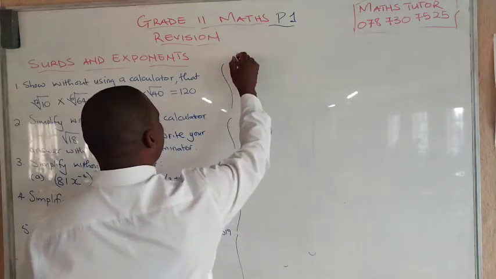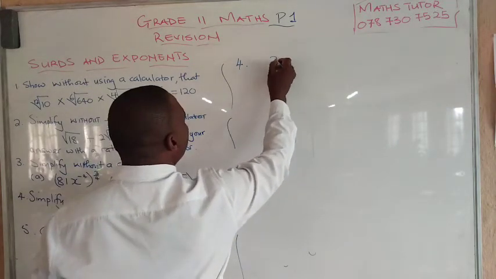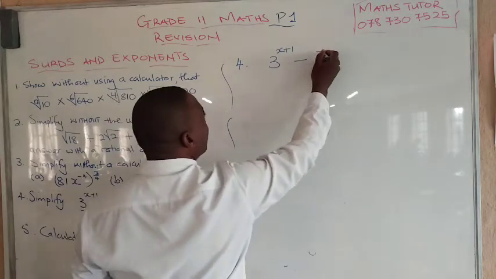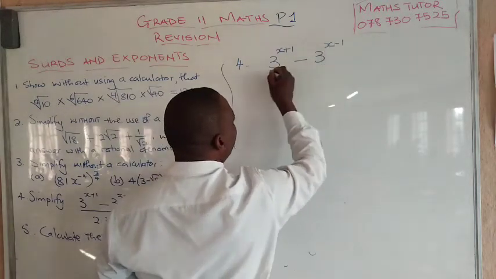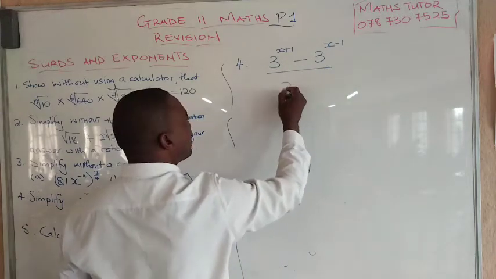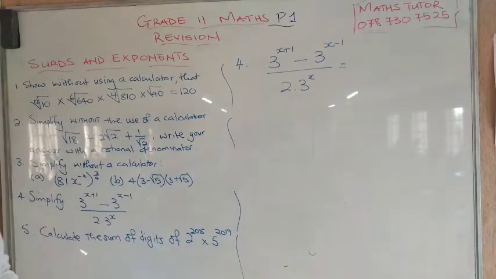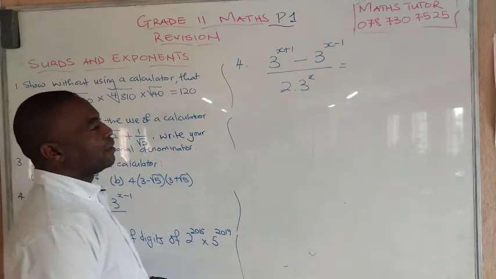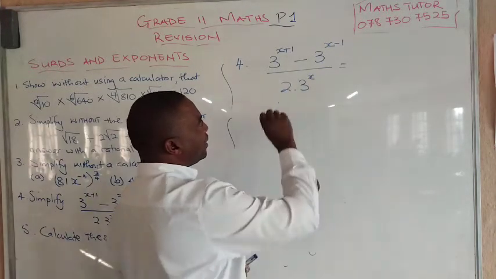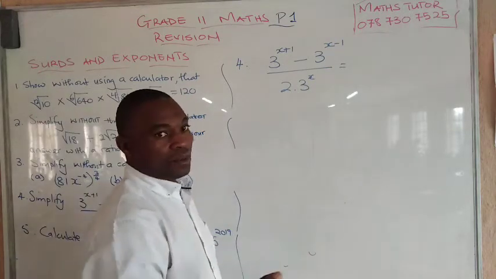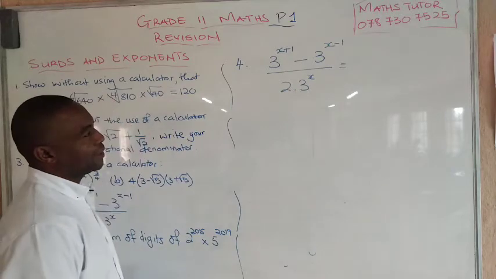You are asked to simplify 3 to the power x plus 1 minus 3 to the power x minus 1, divided by 2 times 3 to the power x. Now, the way these questions are designed is to eliminate the power, which is an exponent x.